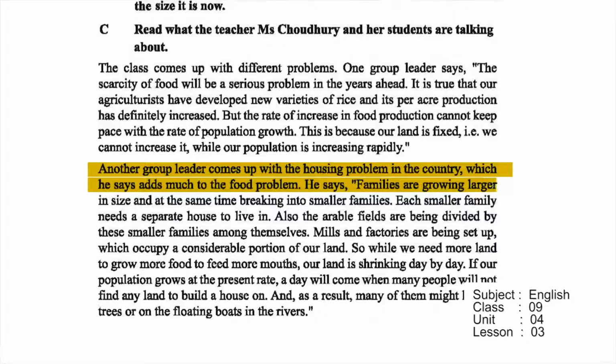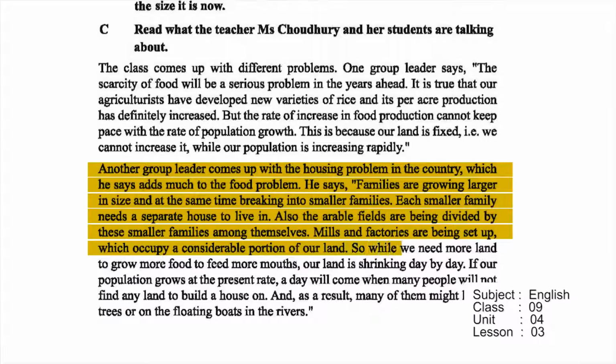He says families are growing larger in size and at the same time breaking into smaller families. Each smaller family needs a separate house to live in. Also, the arable fields are being divided by these smaller families among themselves. Mills and factories are being set up which occupy a considerable portion of our land.